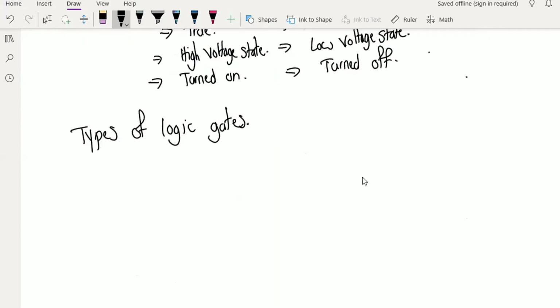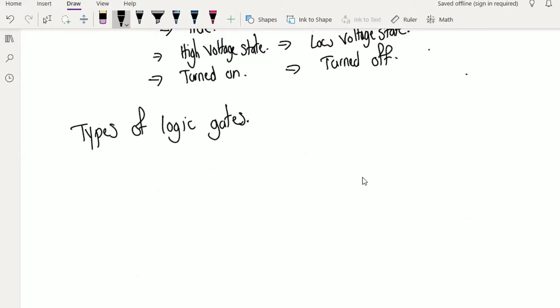The first logic gate that we will be introduced to, there's no specific order for them, by the way, is the NOT gate. The symbol for the NOT gate is as follows: a line going in, an arrowhead, a circle at the tip, and a line going out.